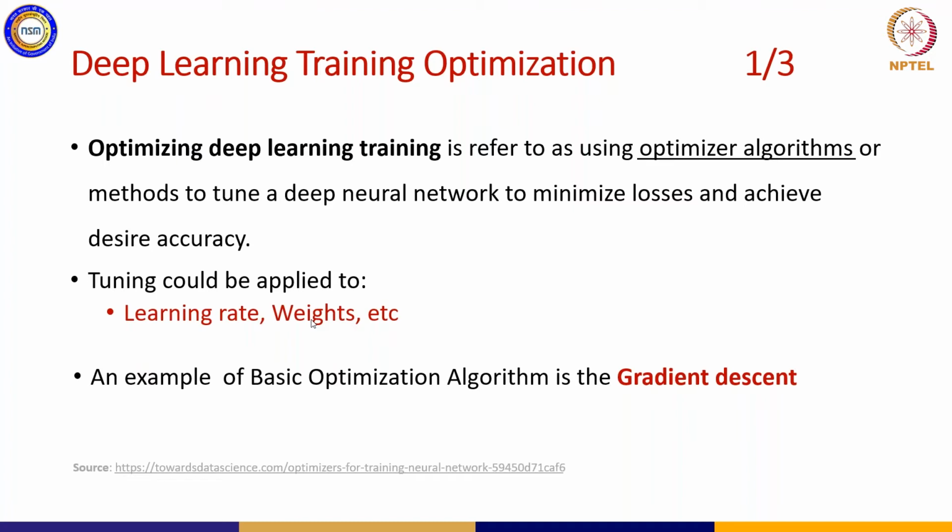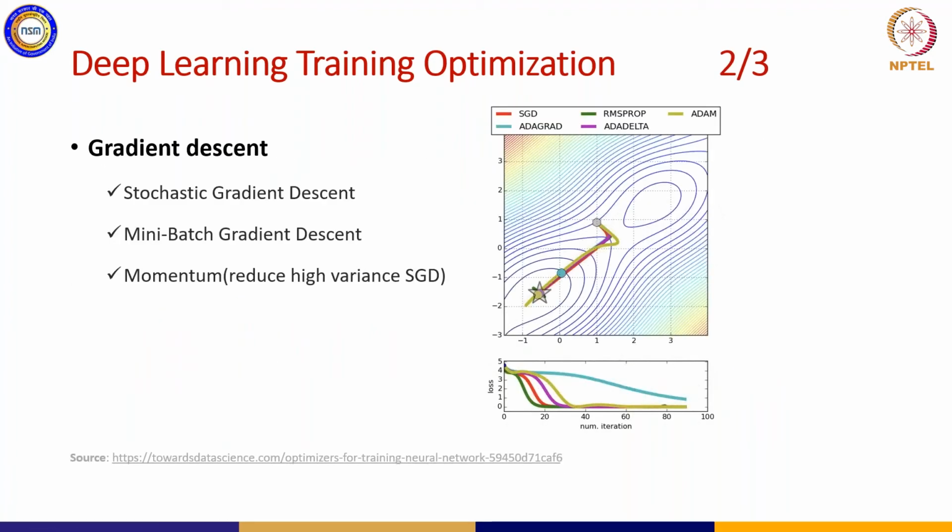An example of an optimization algorithm is gradient descent. Gradient descent is commonly used, and there are types of gradient descent. I've listed three here. We have the stochastic gradient descent, which picks the data in batches randomly using probability.